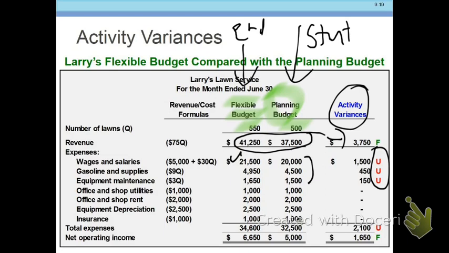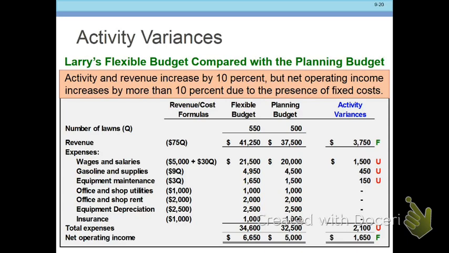So our activity variance here is unfavorable. We're going to do a different type of variance in a minute. Notice activity and revenue increased by 10%, but net income increased by more than 10%. The reason that almost always occurs in business is because of the presence of fixed costs.